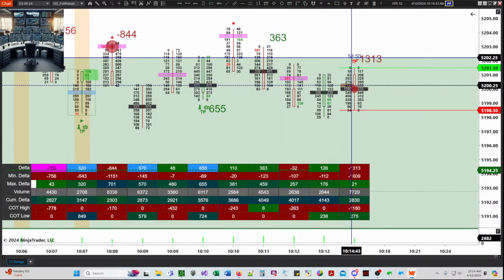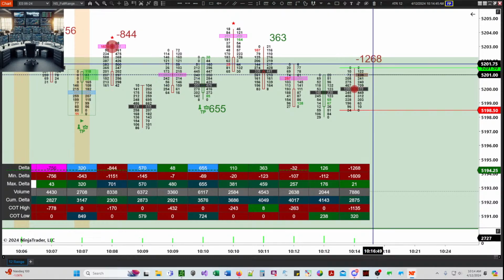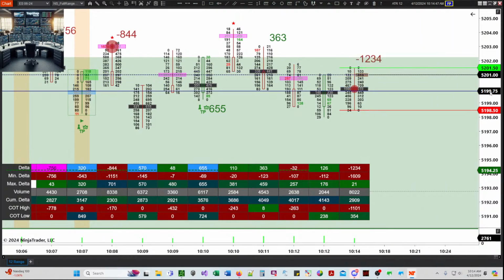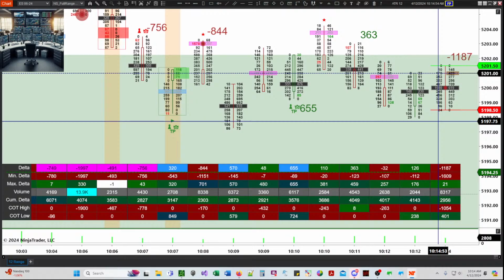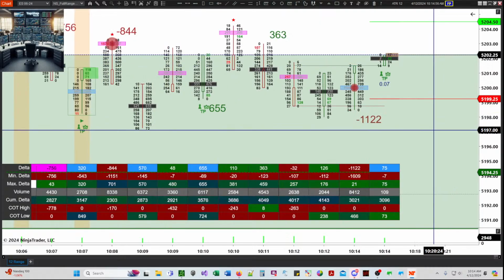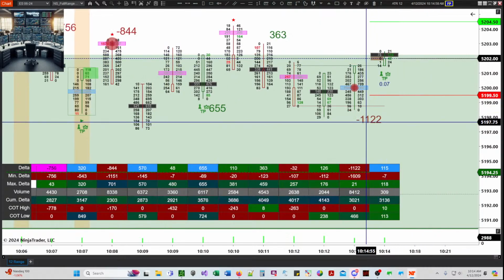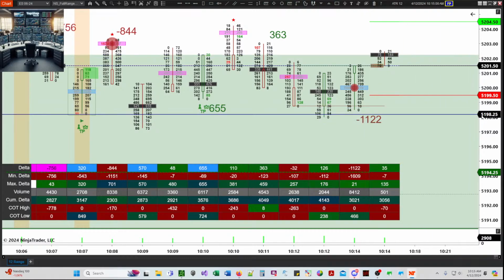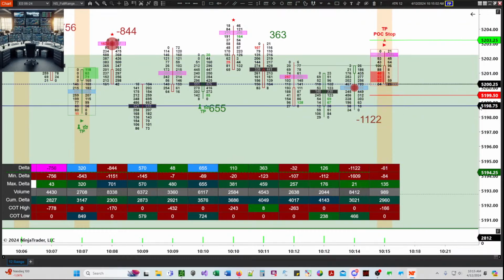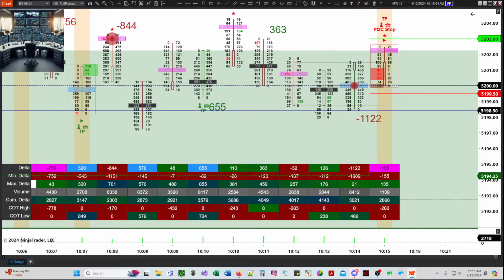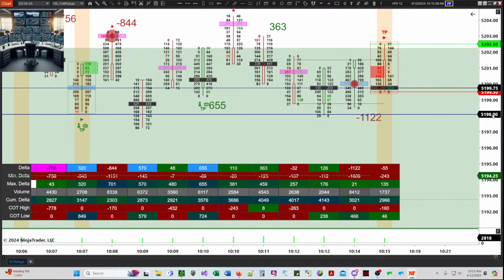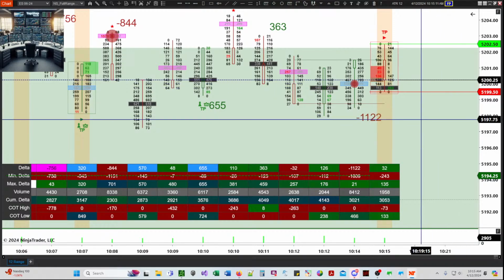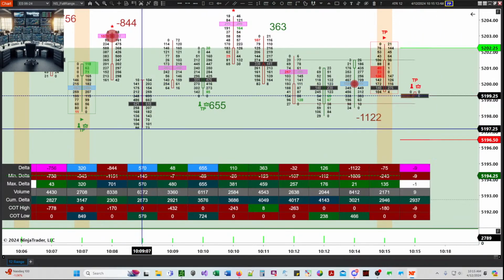Got a plus 363 here. This is a pretty big delta right here. Sellers couldn't pull it off. We got minus 1122. What's this low over here?